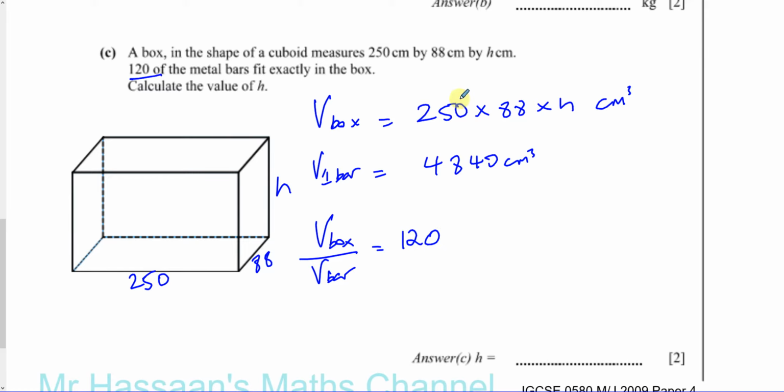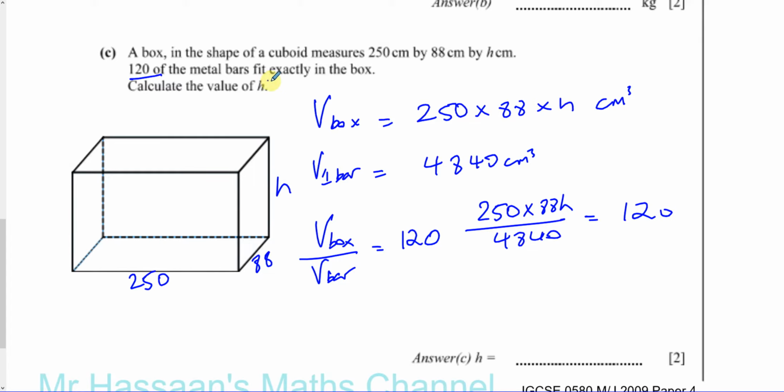So if I do 250 times 88H over 4,840, that's going to give me 120, because it says fits exactly.